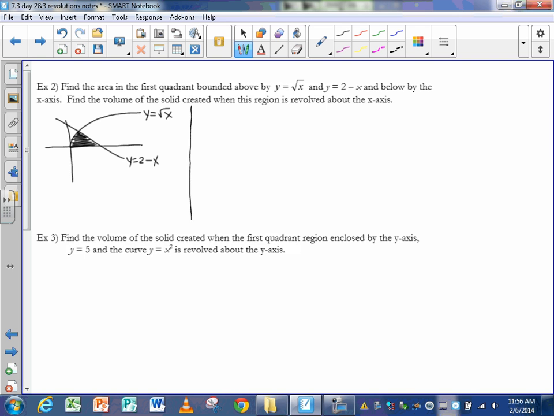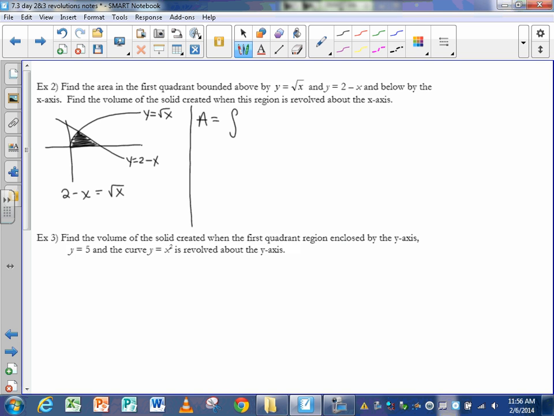So my area here is going to be the integral from, well, I need to figure out where they intersect. So where does 2 minus x equal radical x? Well, we can do that on the calculator. So I would like you to hit pause, find out where those intersect, and then come back to see if you get the same thing I do.